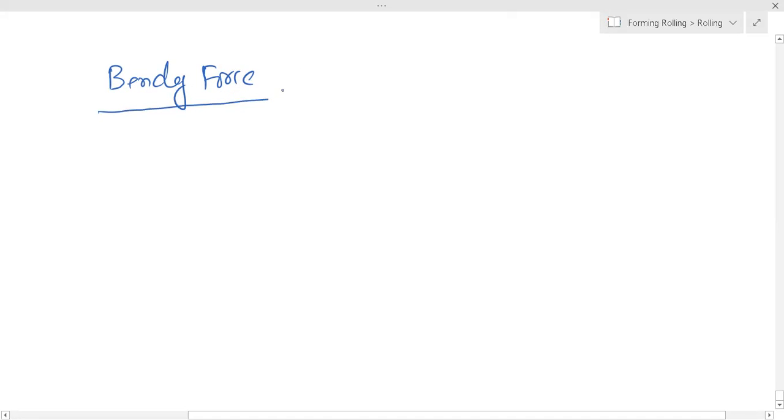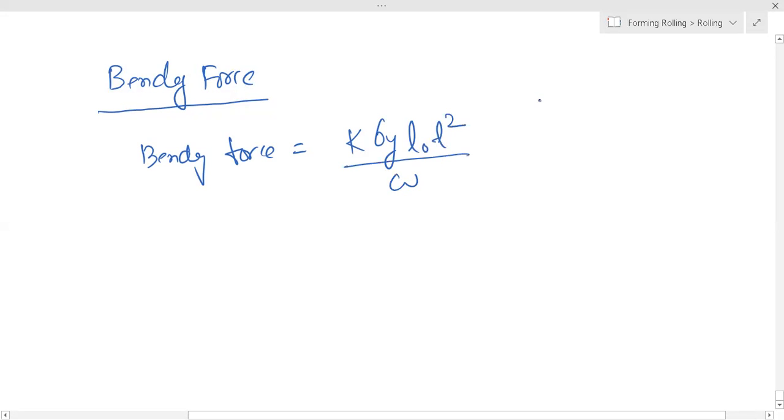Bending force is again an empirical relation. Bending force is equal to K sigma y L0 T square divided by W, where W is called die opening.